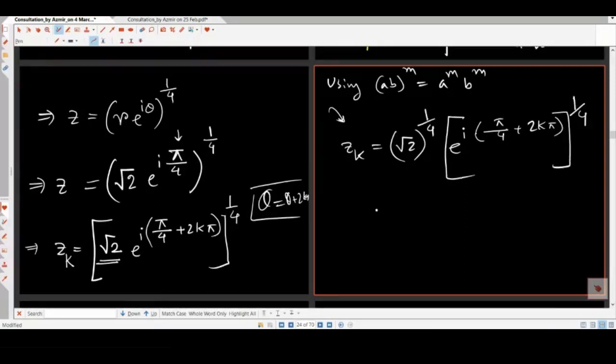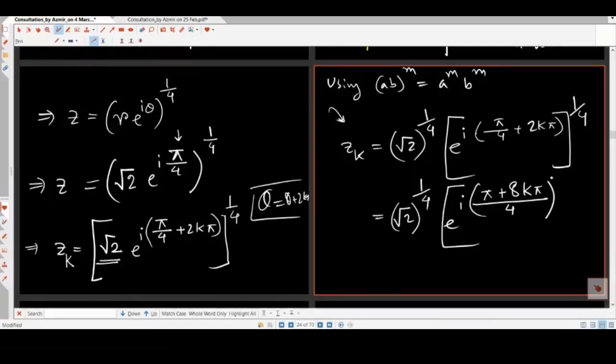So this is done. Now we need to do some calculations. Just like the previous problem, let's do the LCM. The LCM of these two terms is 4. So it is pi plus 8k pi over 4.